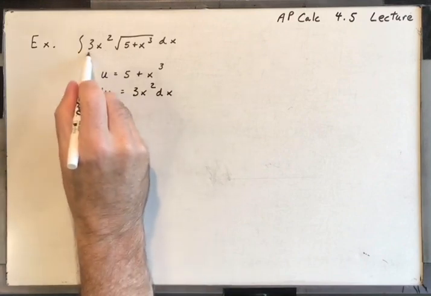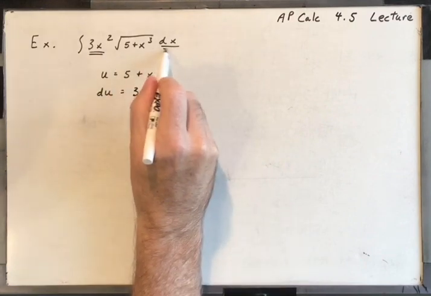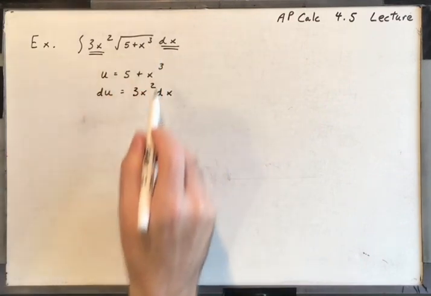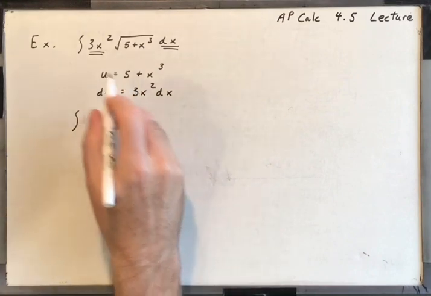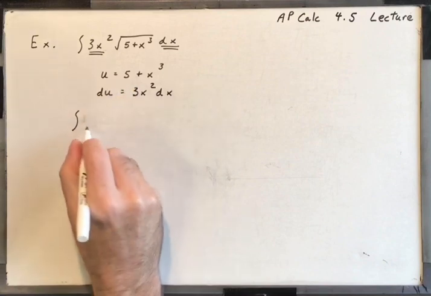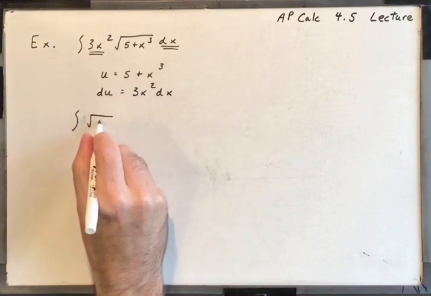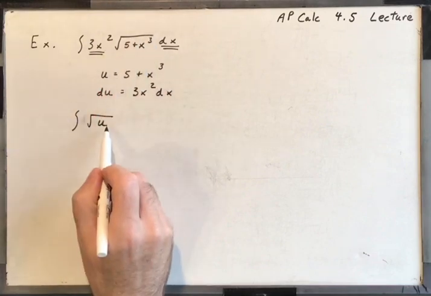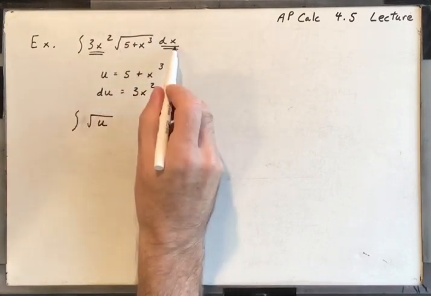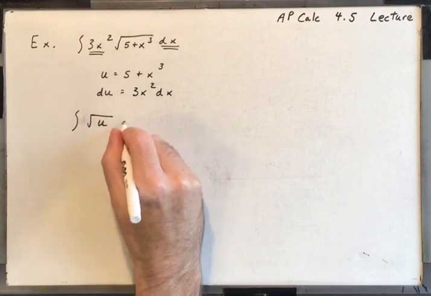See how 3x squared dx is sitting right in the problem? So now let's rewrite that integral in terms of u. Well, it's going to be the square root of u, because u is 5 plus x cubed, but we got to do the square root of it. And then 3x squared dx is du.